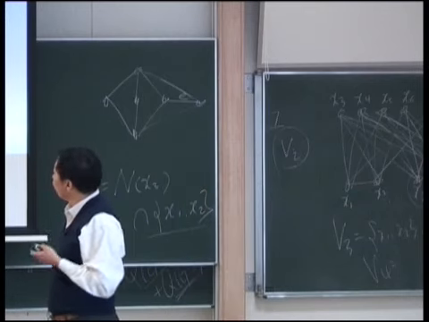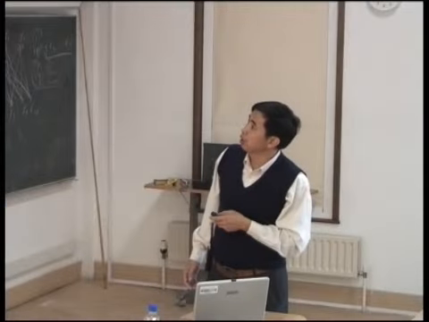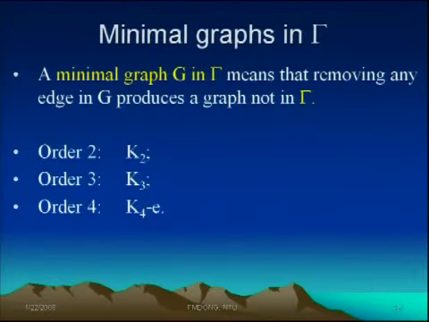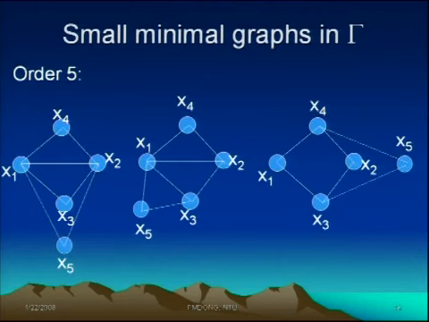For order 4, the smallest graph in gamma is K4 minus E, meaning remove one edge. And for order 5, there are 3 minimal graphs. From these minimal graphs, adding edges anywhere always produces graphs in gamma also.